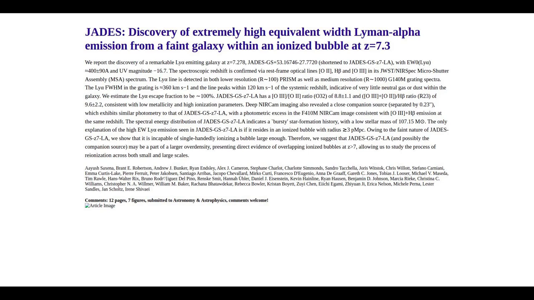JADES-GS-z7-LA has an [O III]/[O II] ratio of 8.8 and an H-beta ratio of 9.6, consistent with low metallicity and high ionization parameters. Deep NIRCam imaging also revealed a close companion source, which exhibits similar photometry to that of JADES-GS-z7-LA, with a photometric excess in the F410M NIRCam image consistent with [O III] and H-beta emission at the same redshift.